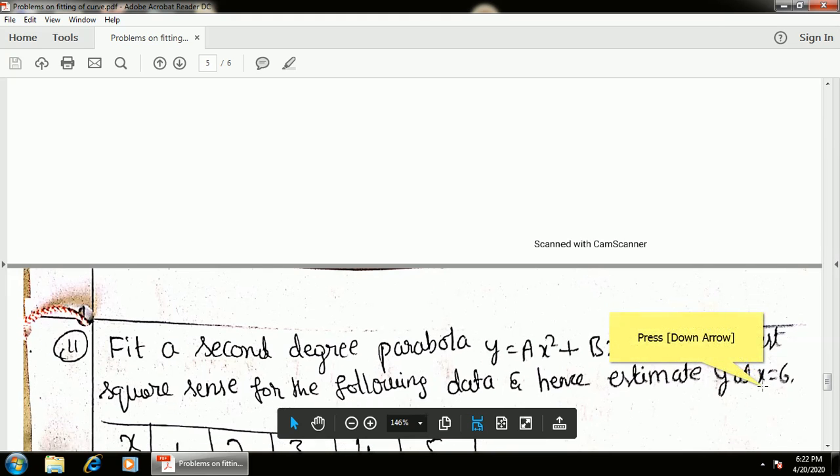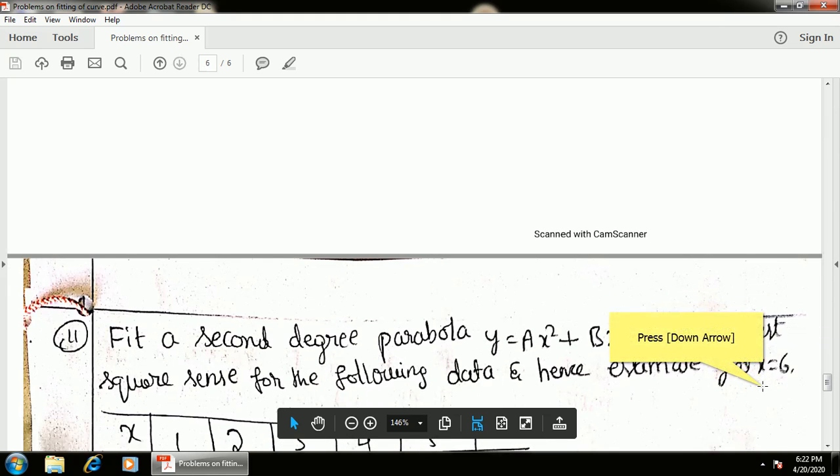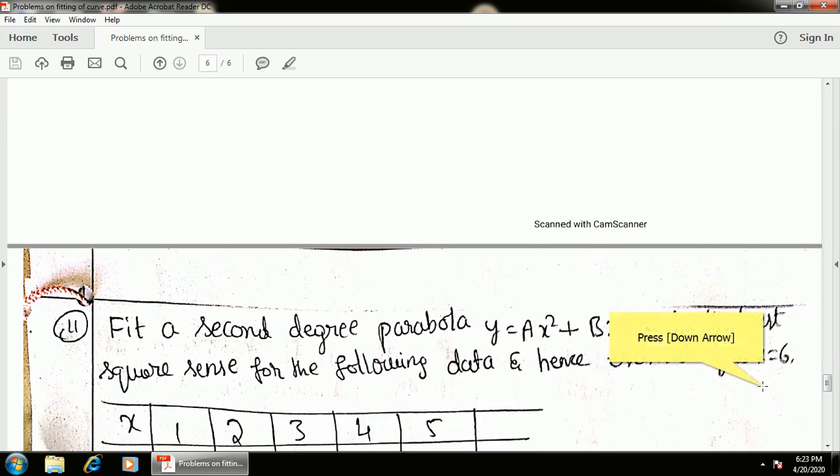One more equation, fit a second degree parabola y is equal to ax square plus bx plus c. There it was a plus bx plus cx square.